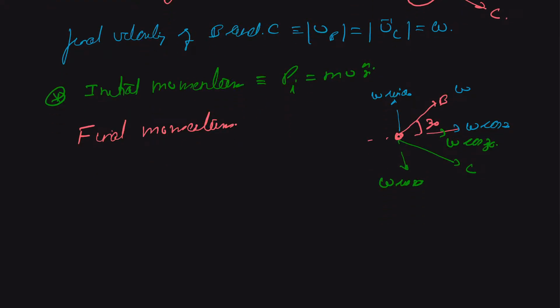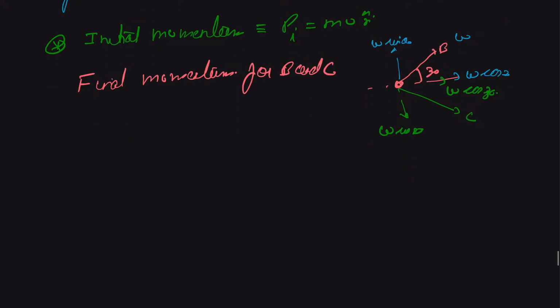For the final momentum of B and C, in the y direction we can write that m W sin 30 minus m W sin 30 is equal to 0.